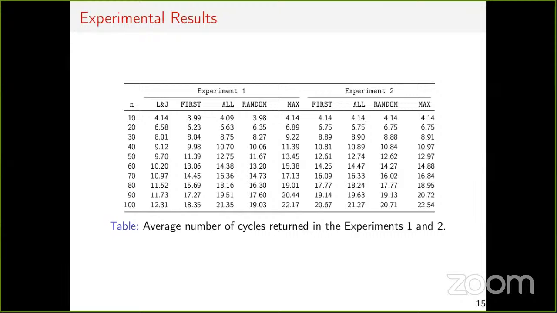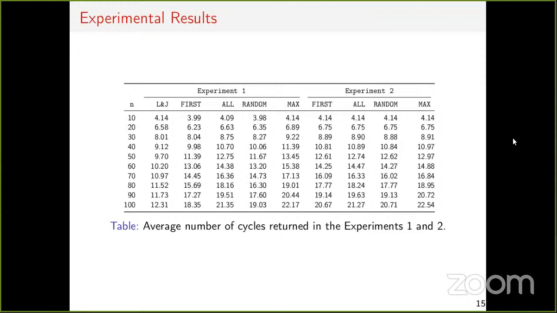This table shows the average number of cycles returned in experiments 1 and 2. On experiment 1, the average number of cycles returned by all the greedy algorithms was way better than the number of cycles returned by the Lin-Jiang algorithm, except for instances of small sizes like 10 and 20.